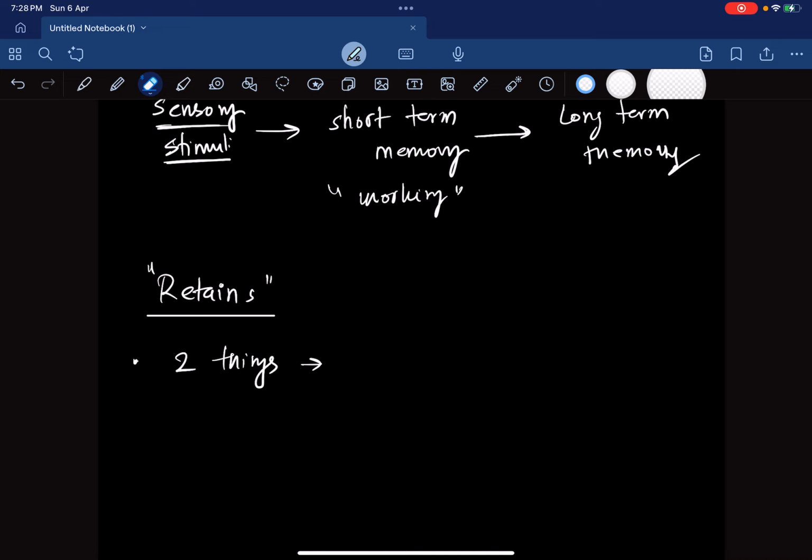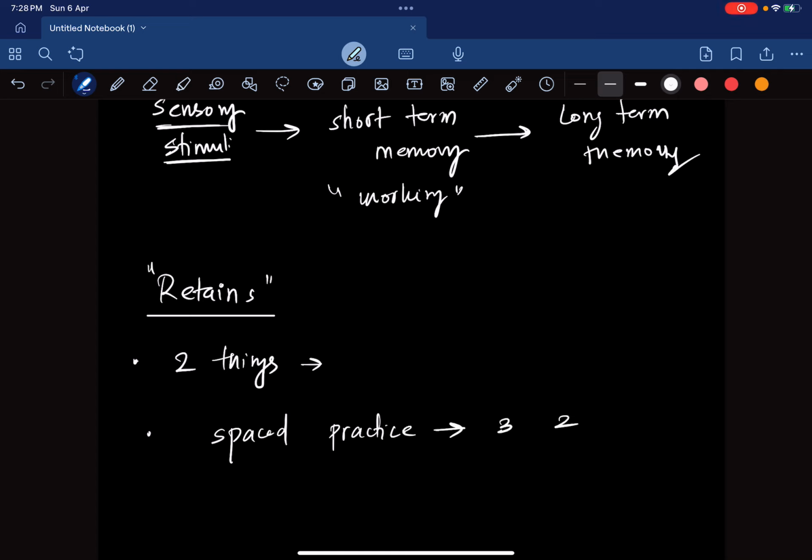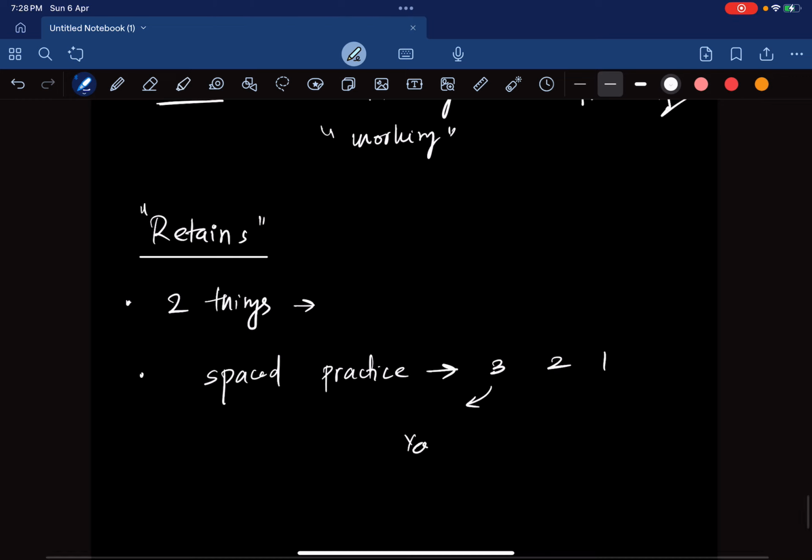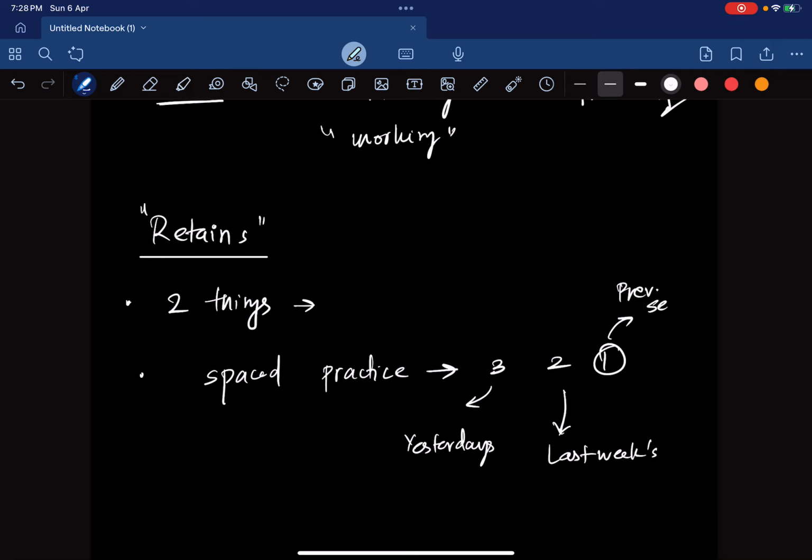I can ask them to write about, there's a concept called spaced practice, where I can ask them the 3-2-1 rule. I can ask them to write 3 things that they remember about yesterday's class, 2 things that they remember about last week's class, and 1 thing that they remember from the previous semester.